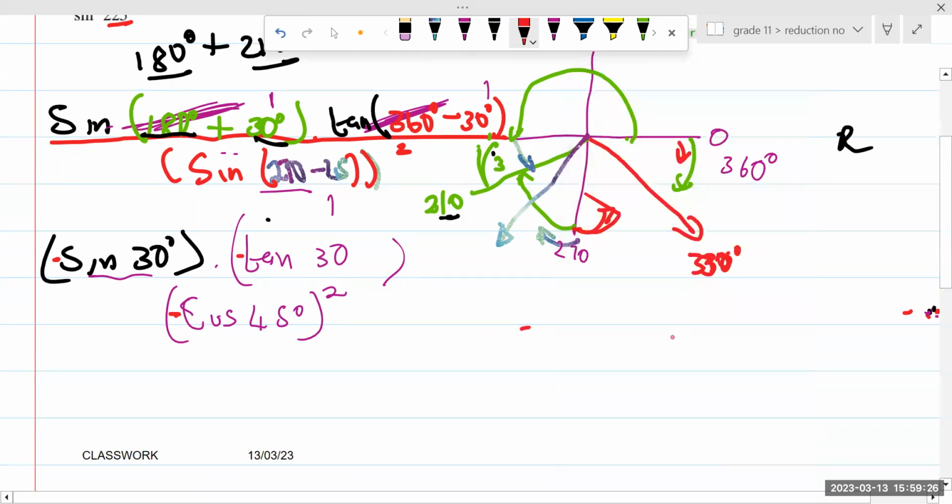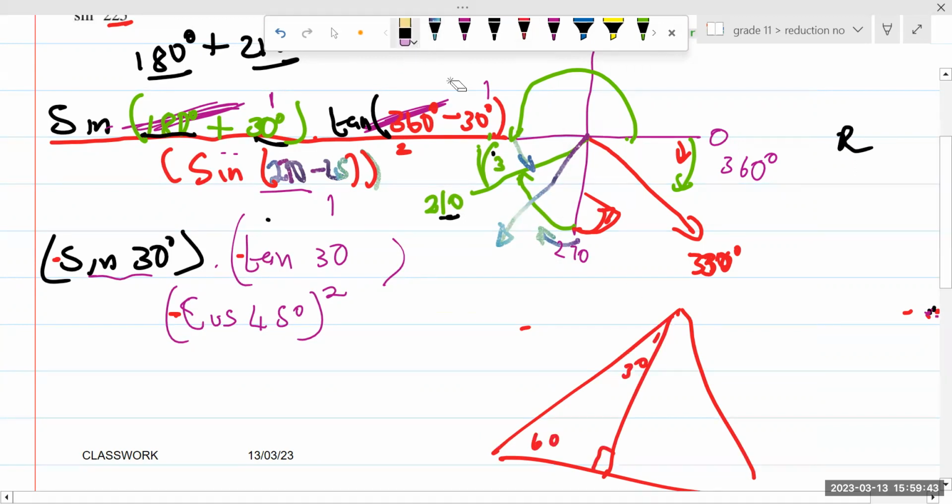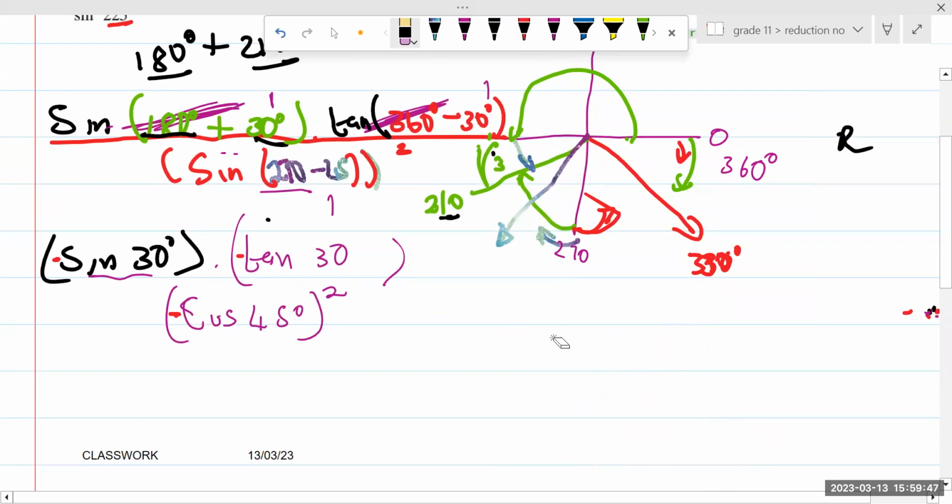Before, in our time, we had the following diagrams. Our diagrams were like this, and then here you will have 30, and then here you'll have 60, 90 degrees. We used to have these diagrams, and when using them you would say, what is sine of 30?